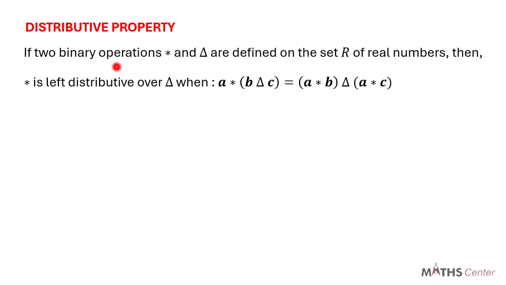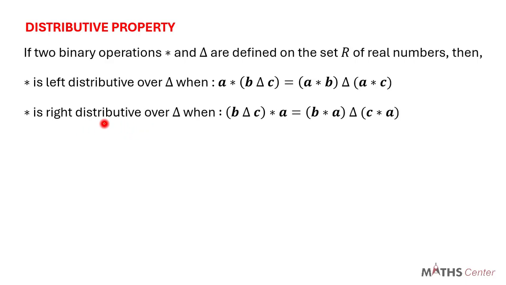So if you have two binary operations, star and delta, such that A star (B delta C) is equal to (A star B) delta (A star C), then we say that star is left distributive over delta.